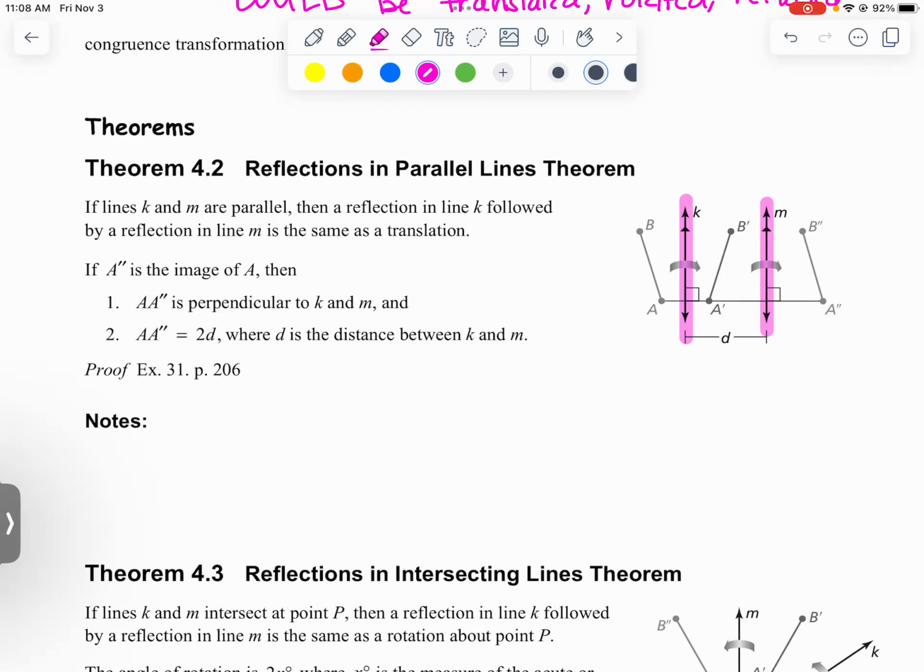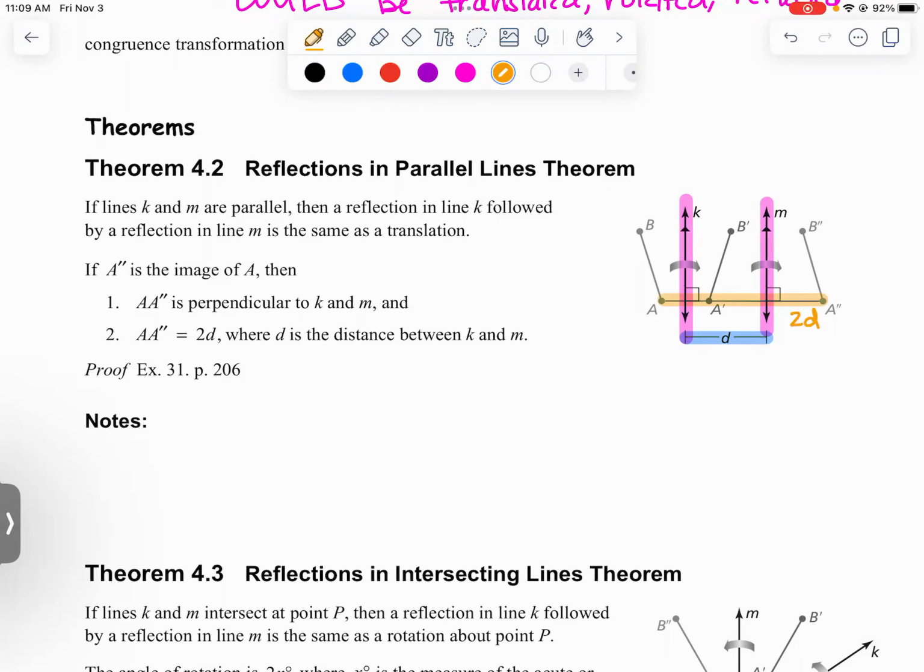What this says right here is that whatever our distance is between the two parallel lines, if I reflect my shape across parallel line number 1, and then across again, parallel line number 2, then our distance is going to be double.